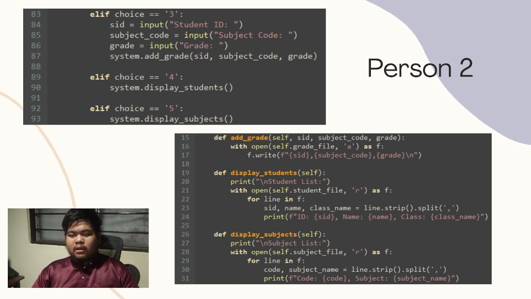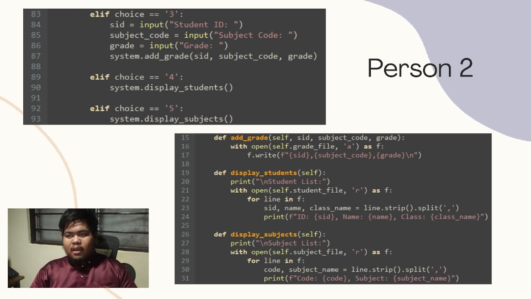Okay, let's go to choice number 5. Choice number 5 will call display_subject. So let's look at line number 26, display_subject, self. It will print the subject list first as a string, and then it will open a file named subject_file.